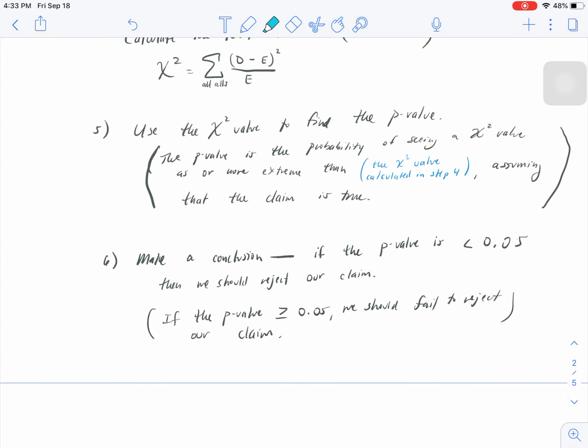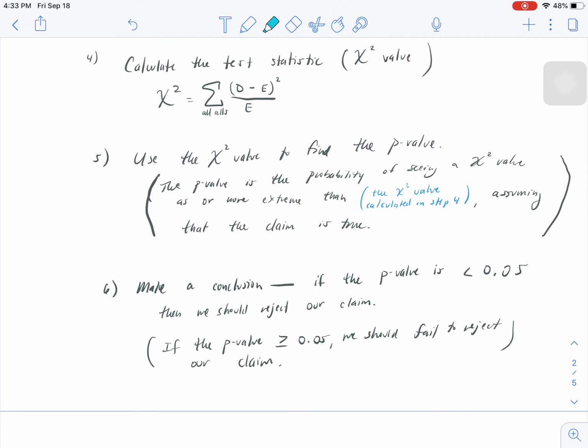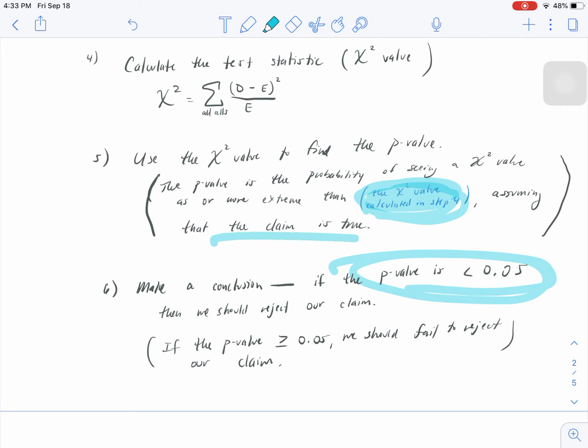So I just want to take a moment and talk about why we reject our claim if the p-value is really small. Going back to our definition, the p-value is the probability of seeing a chi-squared value greater than or equal to the one we calculated from the data, assuming that the claim were true, assuming that there were no relationship between x and y. So if this probability is really small, that means that it's really unlikely that we'd see a chi-squared value like the one we did if the claim were true.